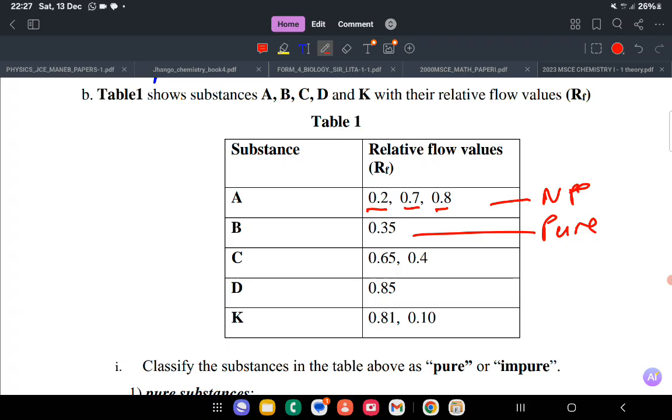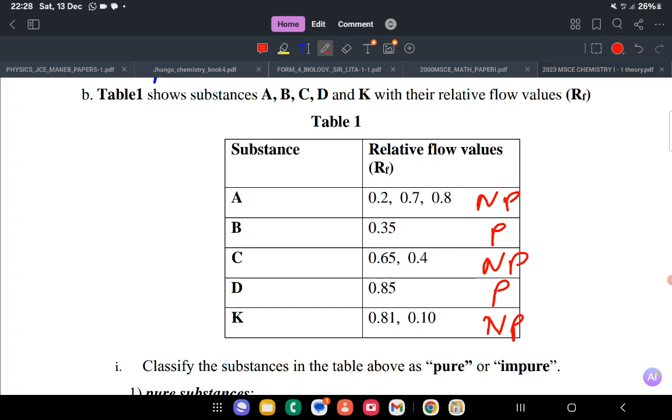Why are we saying it's pure? Because it has only one relative flow value. C has 2, therefore it's not pure. Just to use symbols, not pure means NP. So A is not pure, B is pure, C is not pure, D is pure, and K is not pure.